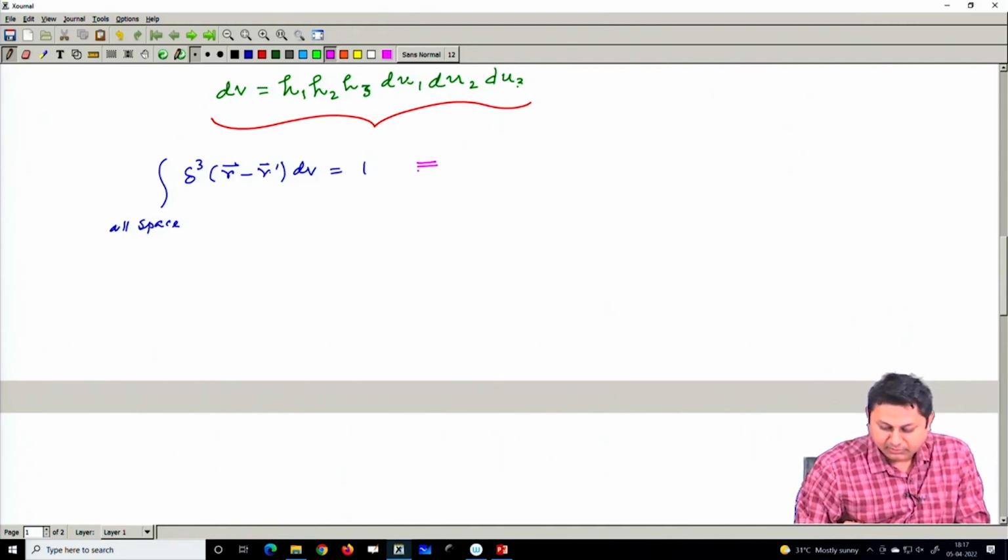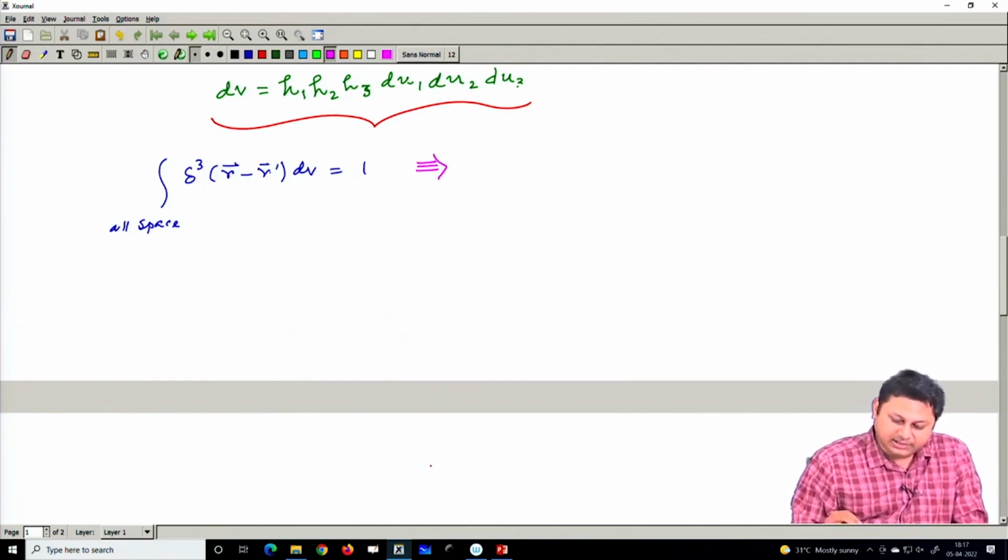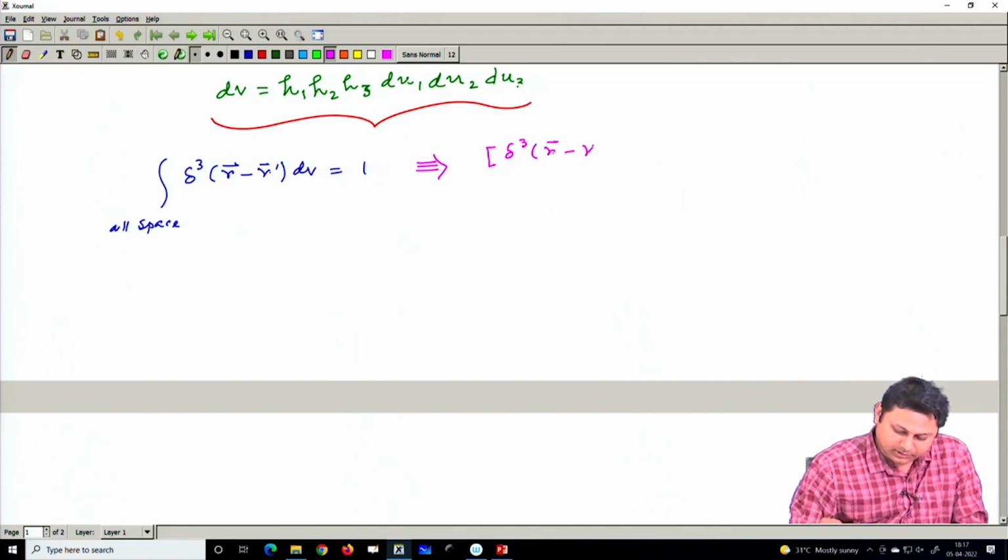From here we can find the unit of this delta function, if somebody wants to ask what the unit should be. From this expression you can tell that delta cube of r minus r prime has the unit of 1 by volume.